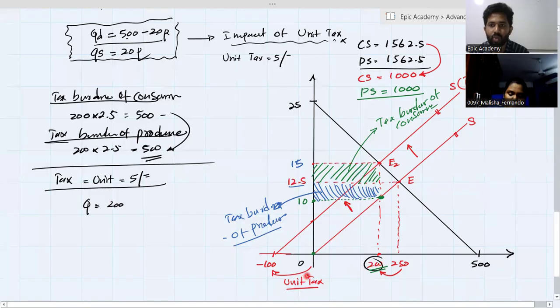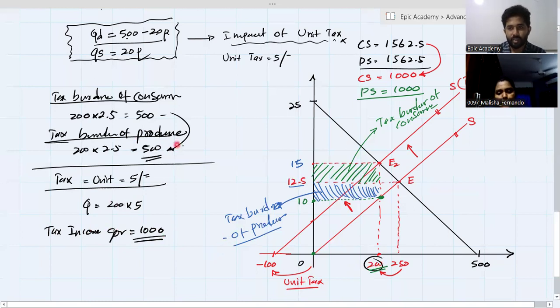Yes, 200. And then they have to pay 5 rupees for each one. 200 multiplied by 5, so now you can identify the tax income of the government. How much? 1,000 rupees.